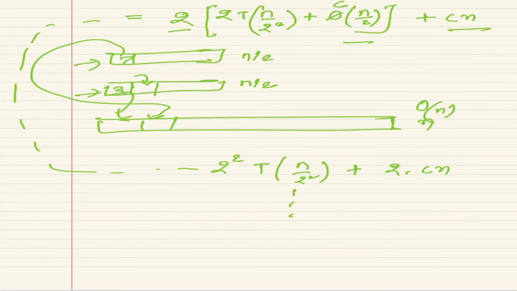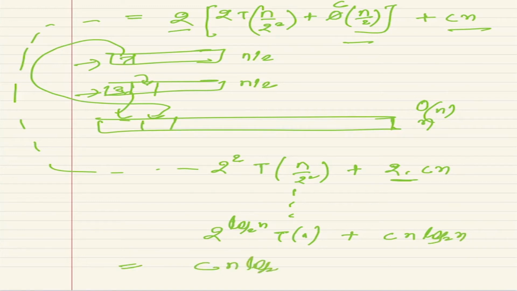So you will stop when n by 2 to the power k becomes of size of T1. So this k is log n. This will go to 2 to the power log n times T1 plus, and there will be k terms here, so this will be Cn log n. In other words, that is Cn log n plus n times T1, where T1 is constant.